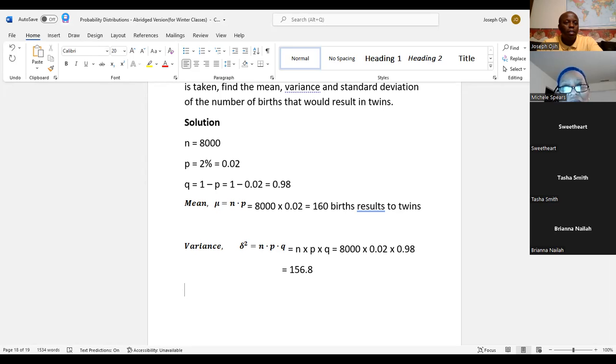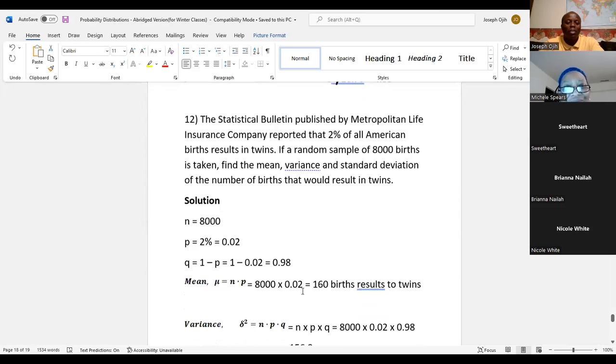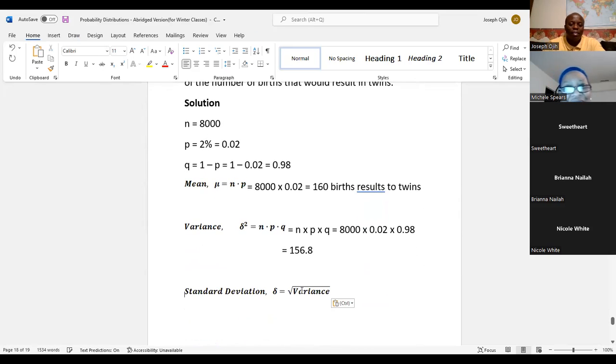So now the last one is the standard deviation, right? Standard deviation is the square root of variance. Our variance is 156.8.